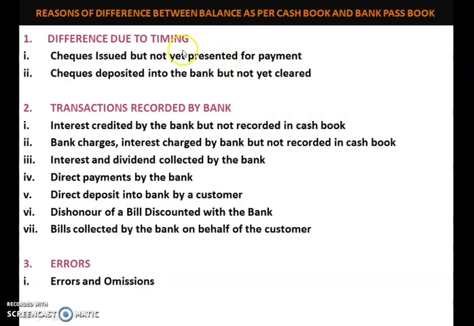When we issued this check, we recorded it in our cash book, on the payment side, stating that we have issued a check to our creditor. But the creditor didn't go to the bank and present the check to get the payment. So we have recorded it in the cash book, but it is not recorded in the passbook.